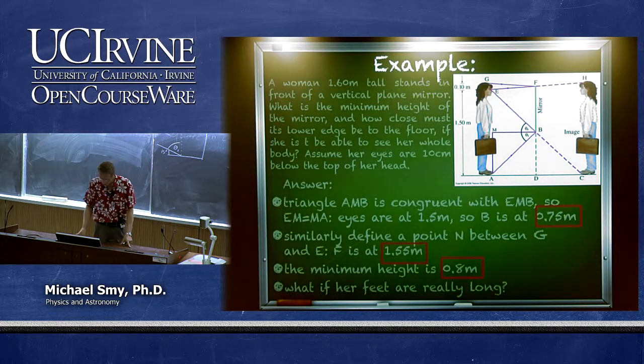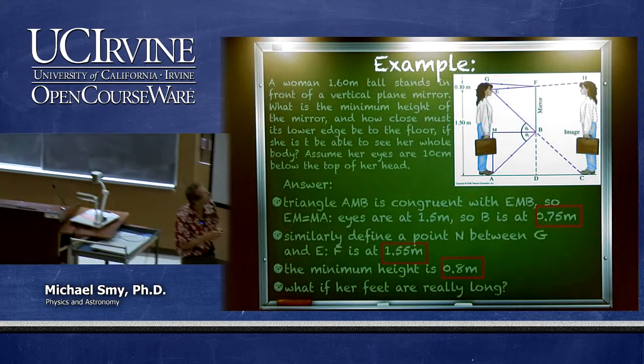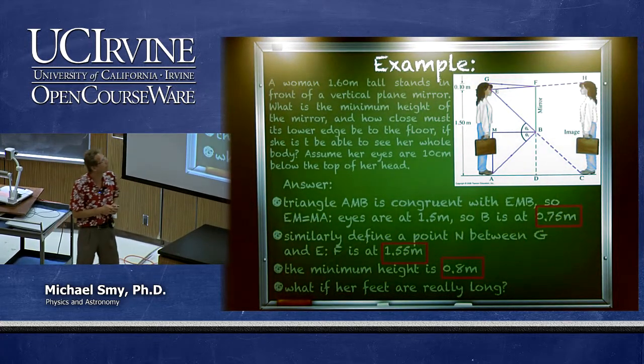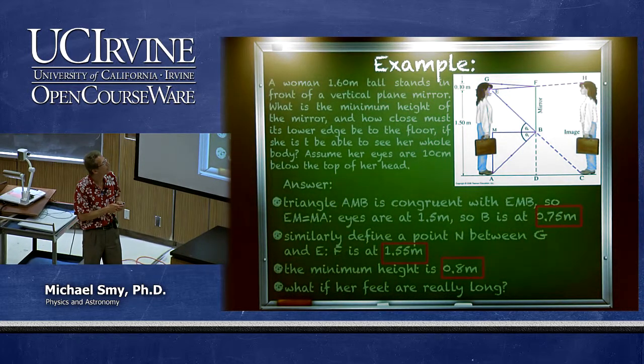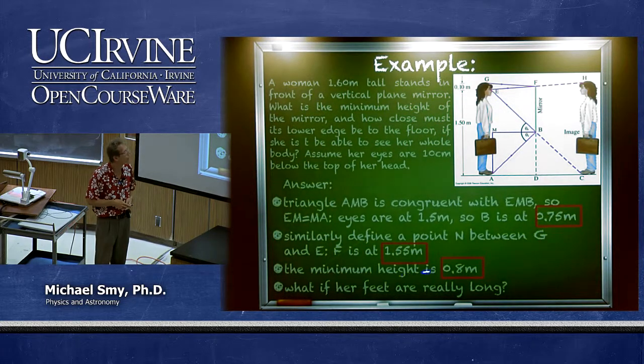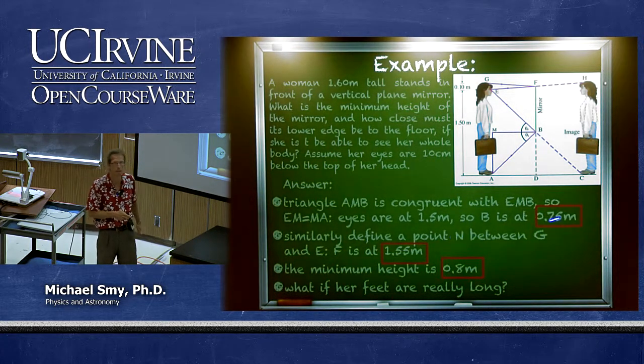We can now similarly define a point N sitting in the middle between G and E, and repeat the same exercise. And then we find that this point N and point F, which is at the same height, must be at 1.55 meters. And so the minimum height of the mirror is 0.8 meters, or the difference between 1.55 meters and 0.75 meters.